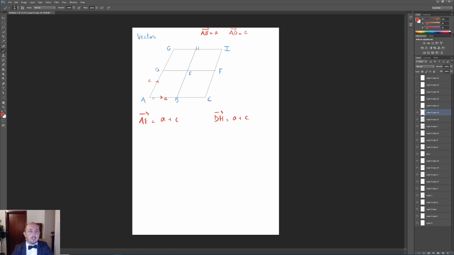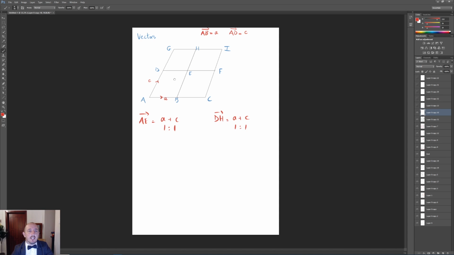So these two lines, A to E and D to H, are parallel to each other, because if you look at the ratio of A's to C's, it is in a 1-to-1 ratio, and in here they're in a 1-to-1 ratio as well.